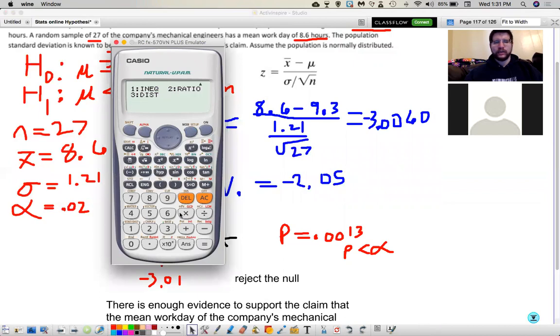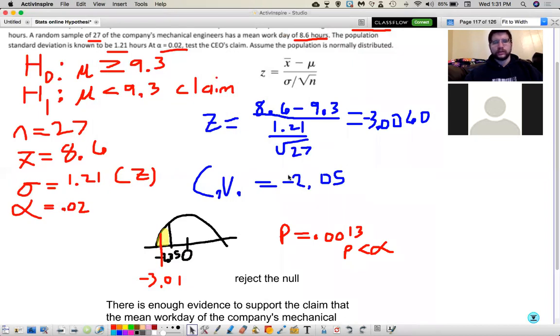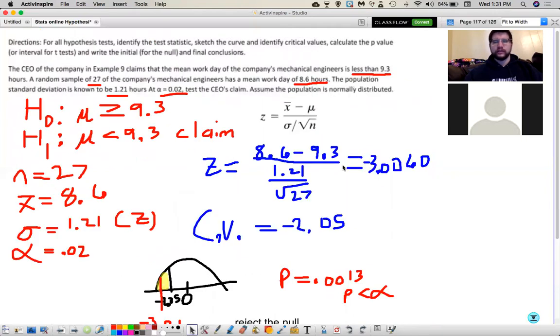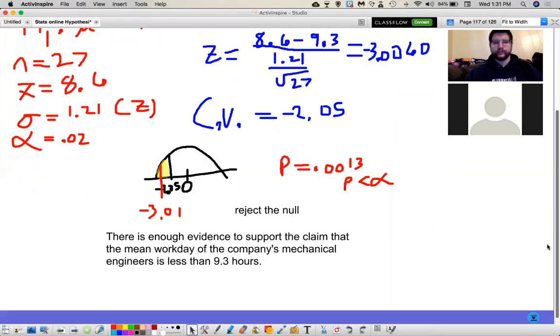Mode, down to distributions, number 3. Leave those alone, negative 2.05. Either way you do it, you'll still get this. You can also use the chart, entirely up to you. So we rejected the null. The claim was in the alternative, so we support the claim.